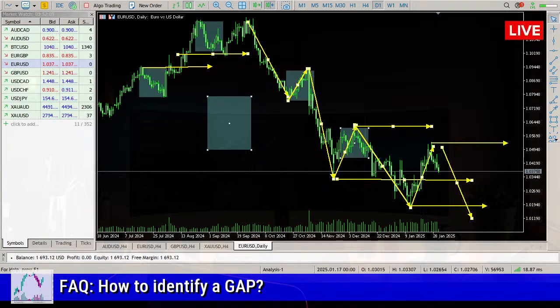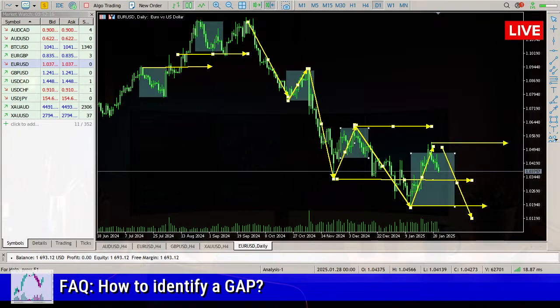Reason simple. We see lower low and lower high. Next, we plot the range here to find the possible entry zone. We already know that the market will reverse around this area.